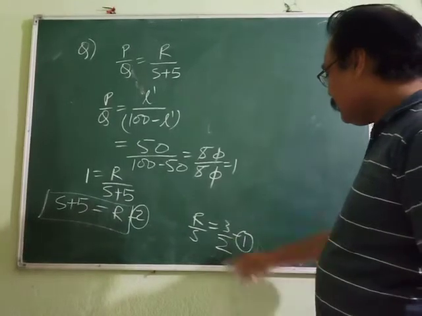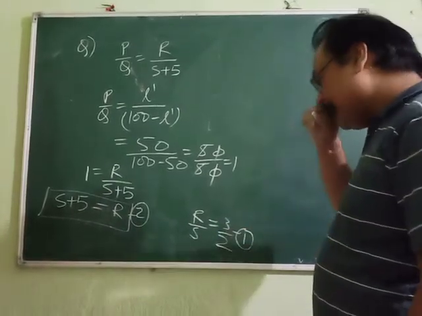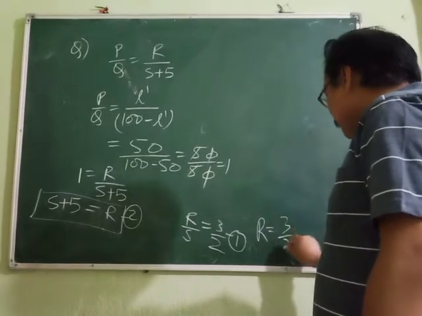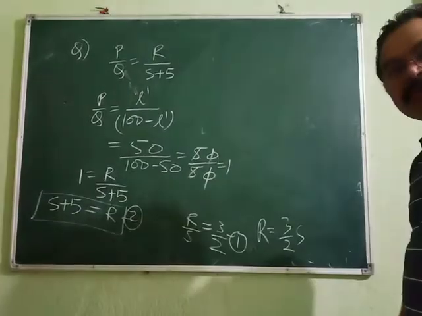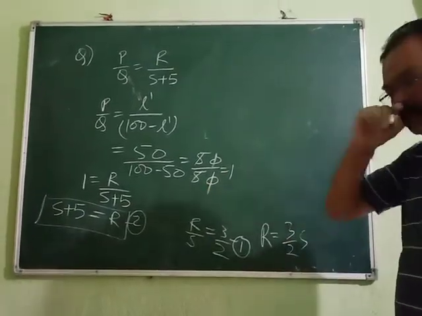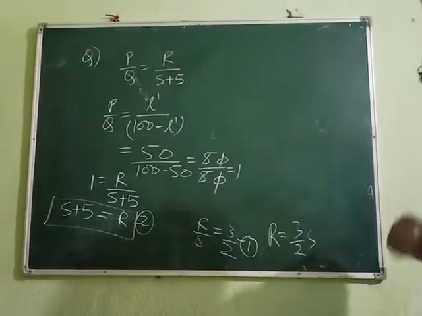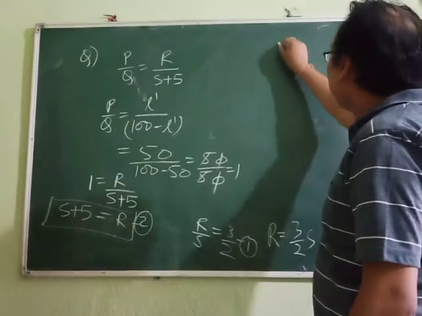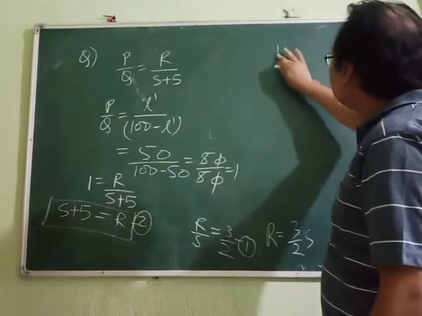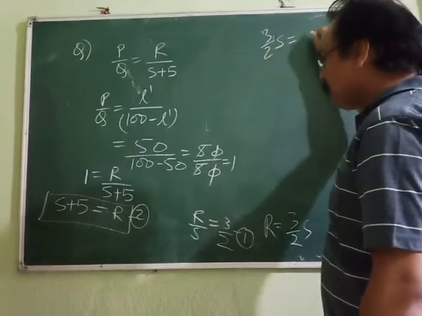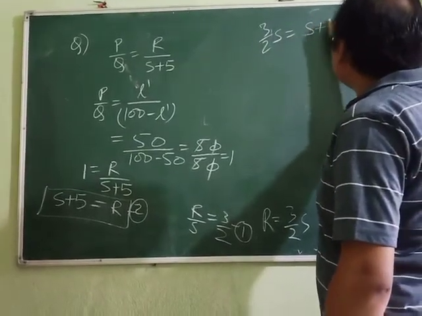When R by S is 3 by 2, R is how much? R is 3 by 2 S, and we can put this value in equation 2. So from equations 1 and 2, we get 3 by 2 S is equal to S plus 5.